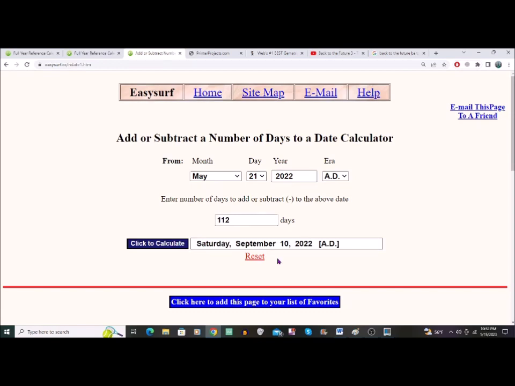I don't know if that makes sense, but basically these two numbers, the 112 and the 113, are taking us to an eve date and to a day of date, depending which way we go and whether we minus or plus from this day. I just think that's interesting.